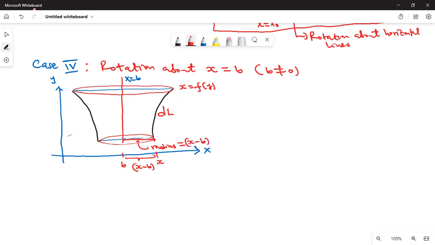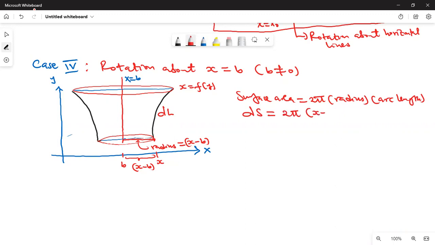And so therefore, surface area is equal to 2 pi times radius times arc length. Now this will be equal to dS is equal to 2 pi. Now our radius is x minus b.